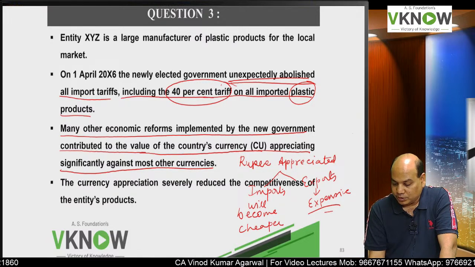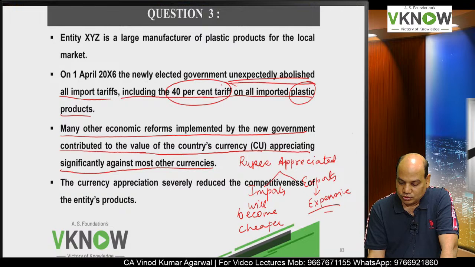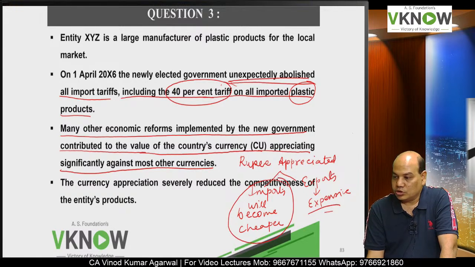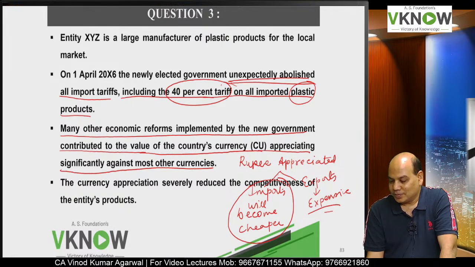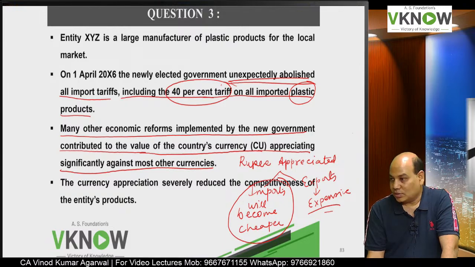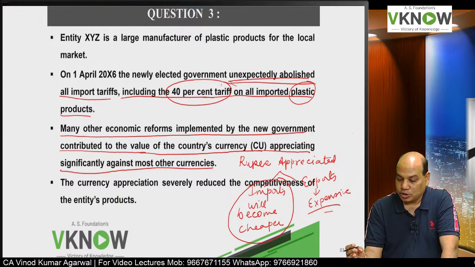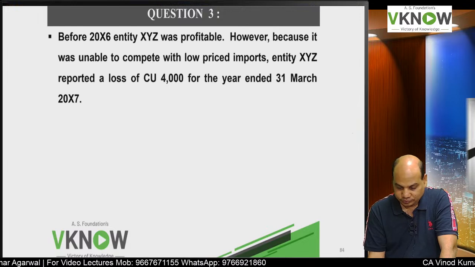The currency appreciation severely reduced the competitiveness of the entity's products. So now the foreign products will become cheaper, due to two reasons: the tariff was reduced and the currency appreciated. So that makes your product less competitive, non-competitive now.